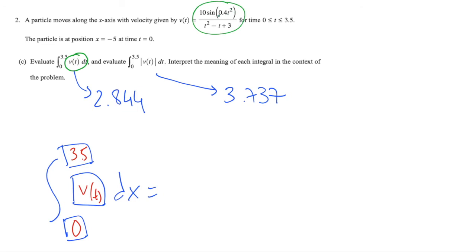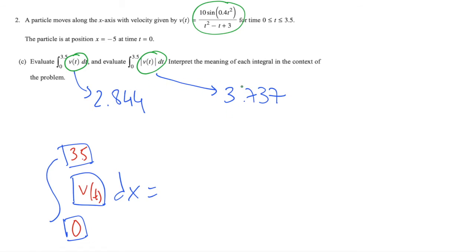But if this formula has negative values in that interval, the calculator will subtract those parts of the integral, so it will be lowering the number. Instead, if we use this one, the integral will always take the positive values of the velocity, which means it will never subtract anything. And this is the difference between these two numbers.